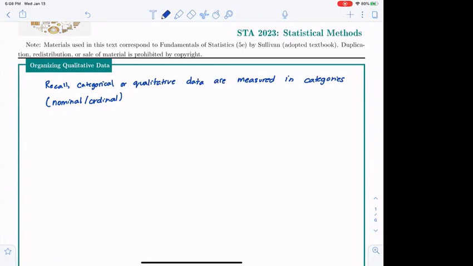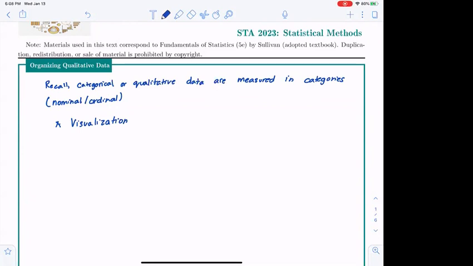So how do we organize it? By organization, I mean, how do we get some sort of knowledge from the data that we're looking at? The key word here is looking at the data. So we're talking about visualization, and typically visualization is an easier way to understand the data and get some information about the data.